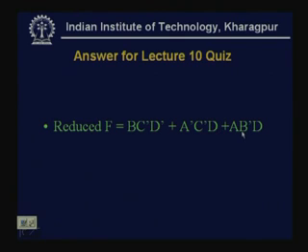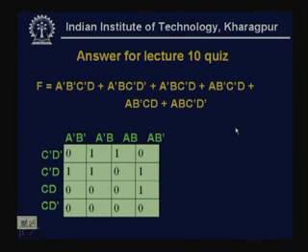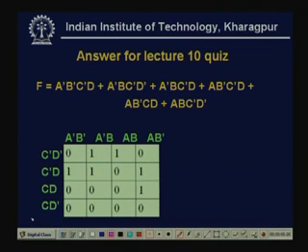Why are there only 3? Because here one is already covered. When we have considered one couple here and one couple here, this one is already covered in A dash, C dash, D, and this one is covered in B, C dash, D dash.